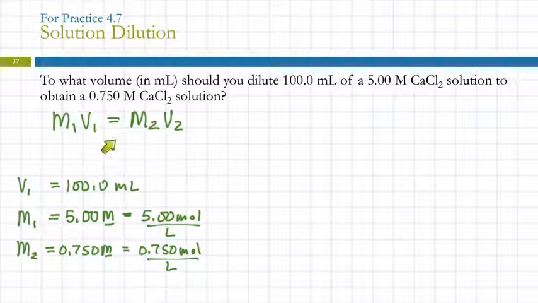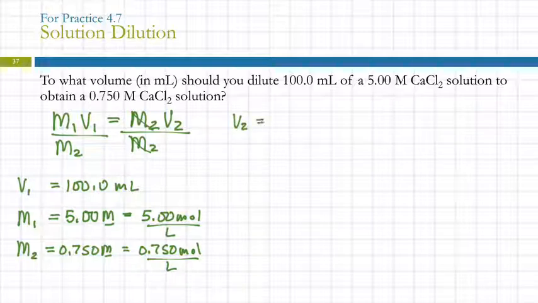So I've got my equation up here, and I'm going to rearrange this and solve for V2. So I'll divide both sides by M2. Because M2 over M2 is 1, it cancels out. Got V2 is equal to M1V1 over M2. Make sure that you're copying the 1s and 2s correctly.